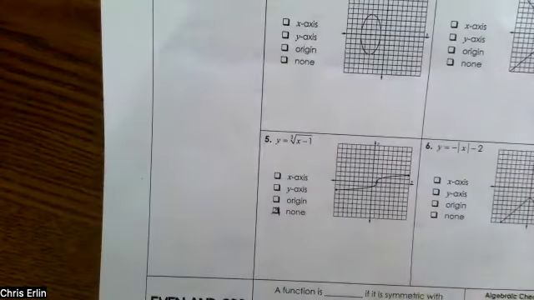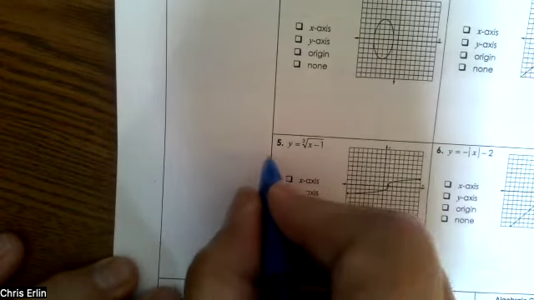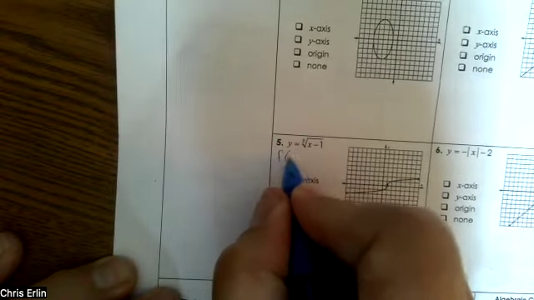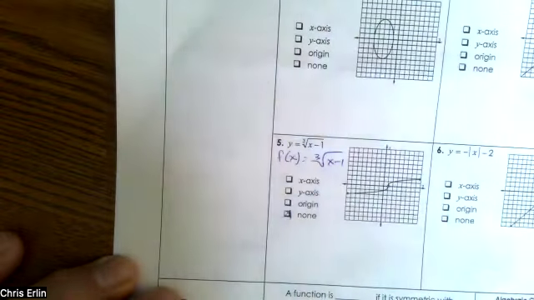Now, the question is, if it's none, that means that we've validated that it's not x-axis, it's not y-axis, it's not origin. What I recommend you do for these things is you take all 3 cases. Consider this as f of x. We're going to do it again down here, but I'm going to bring it to you early. Let's call this f of x equals cube root of x minus 1.